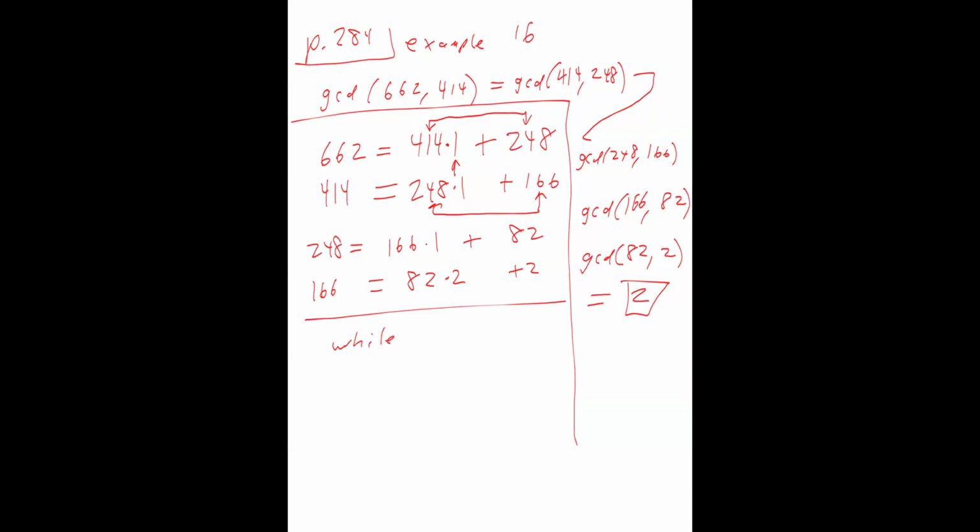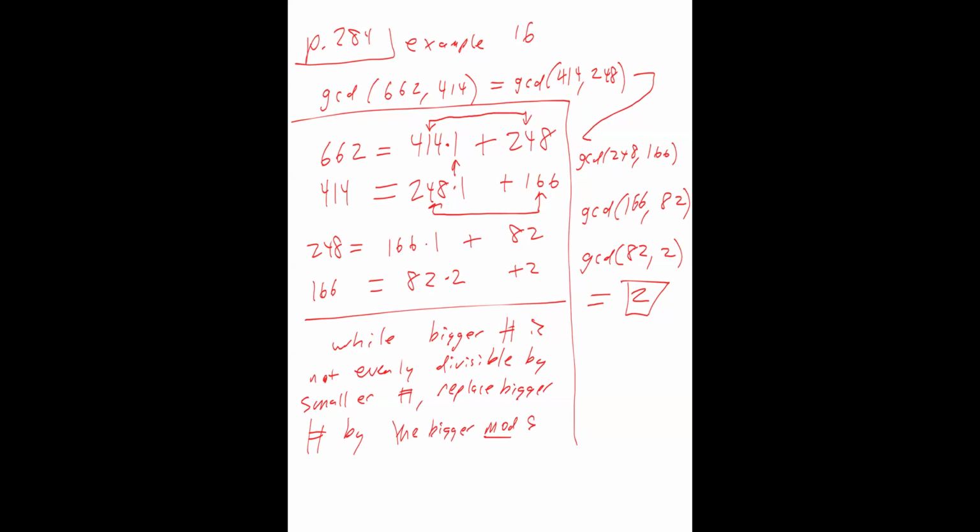But basically, while the bigger number is not evenly divisible by the smaller number, replace the bigger number by the bigger mod the smaller.